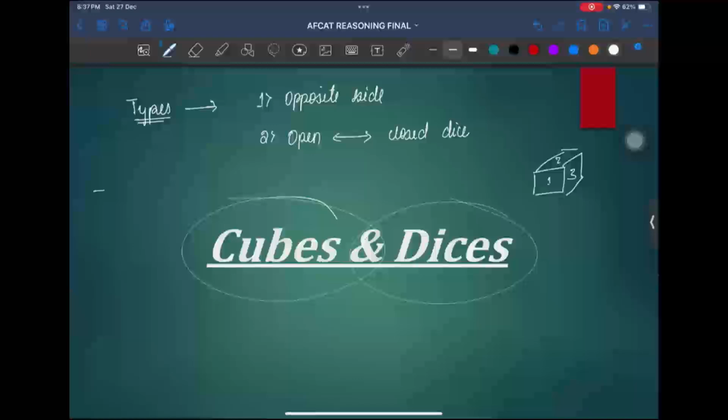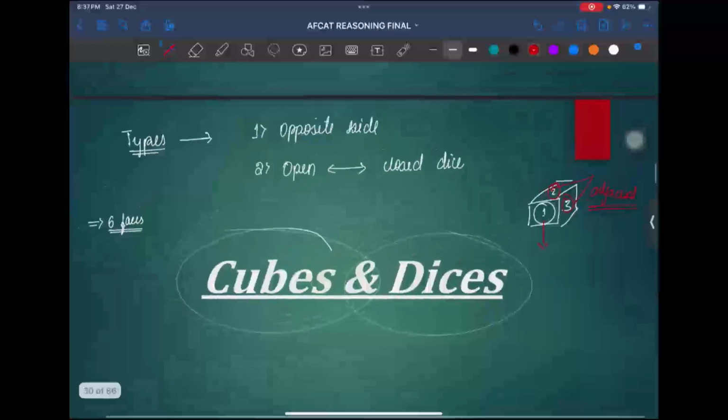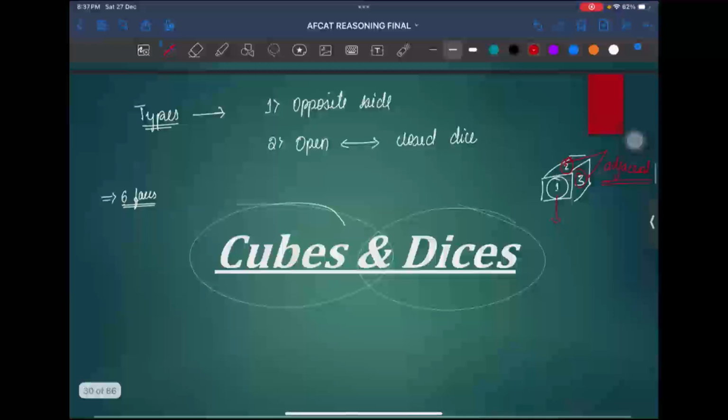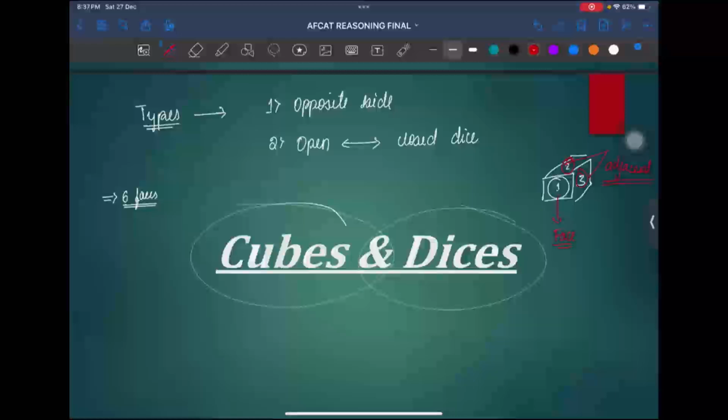So totally you'll have six faces in a dice. This is called a face. If you consider one as the first face, 2 and 3 will be the adjacent sides.